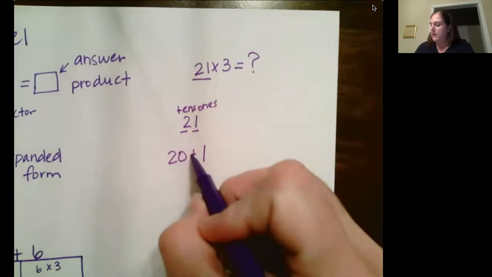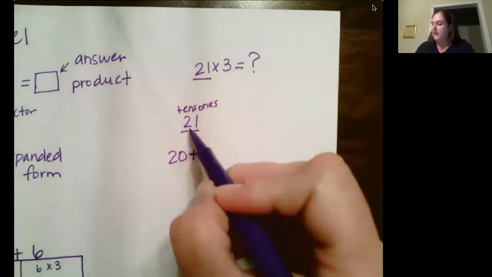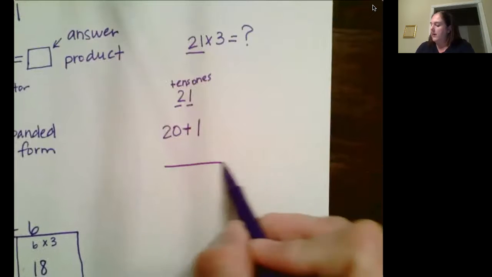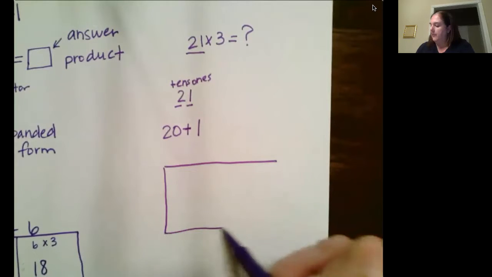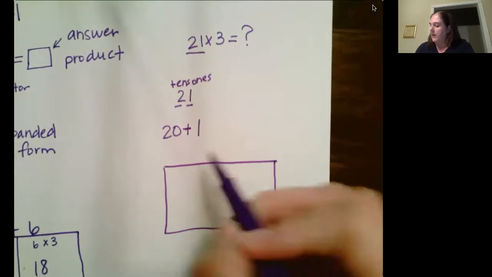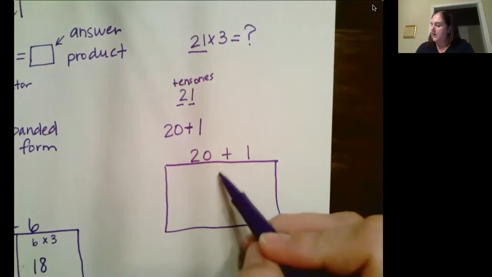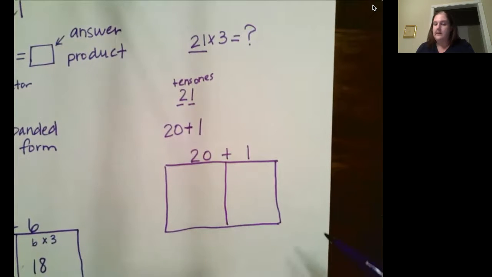So the expanded form of 21 is 20 plus 1. I draw my rectangle, write 20 plus 1, and put a line where my plus sign is.